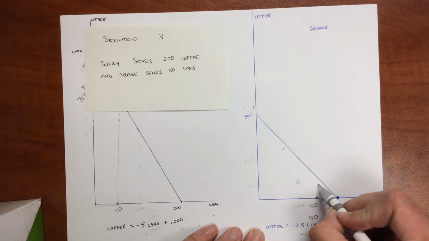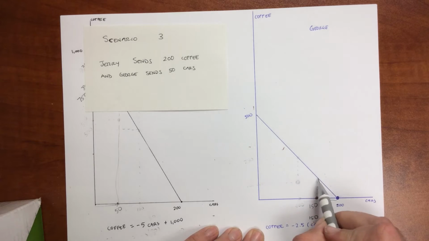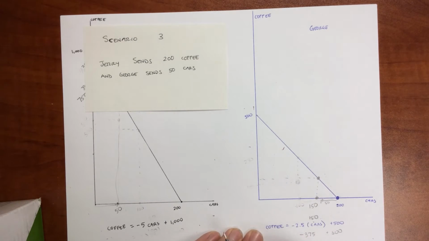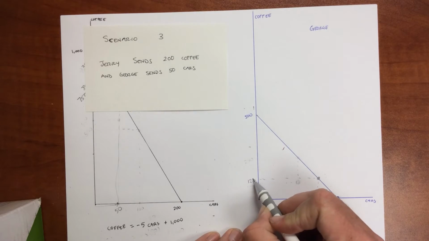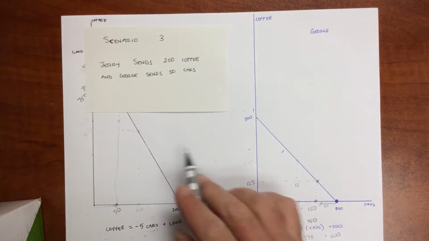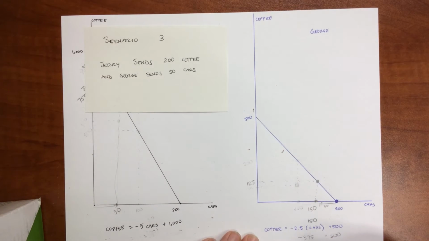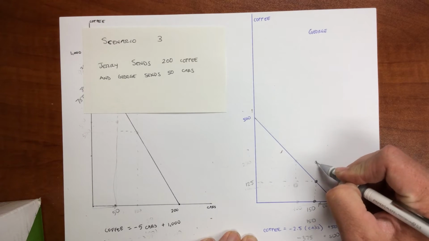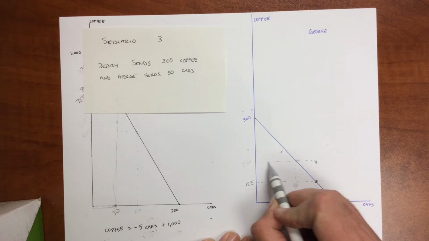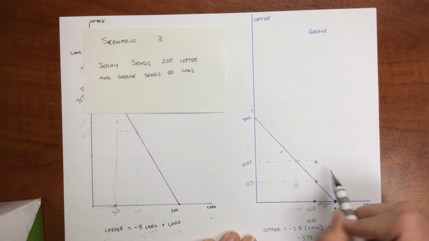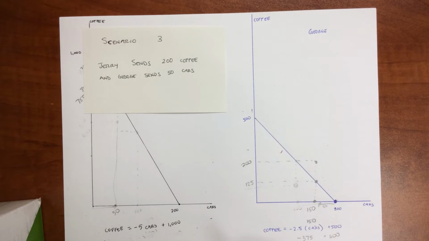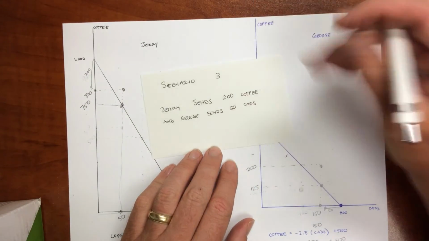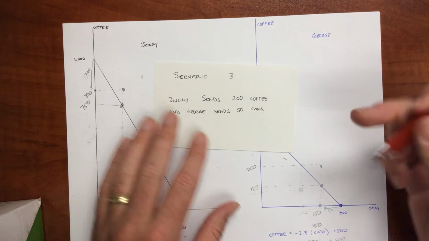And so this point right here, for George, if he were to do this on his own, he could have 125 cups of coffee. But in return, Jerry's going to send him 200 cups of coffee. So in fact, George is also going to be able to exceed his PPF. And so in this case, this is the deal that would be accepted.